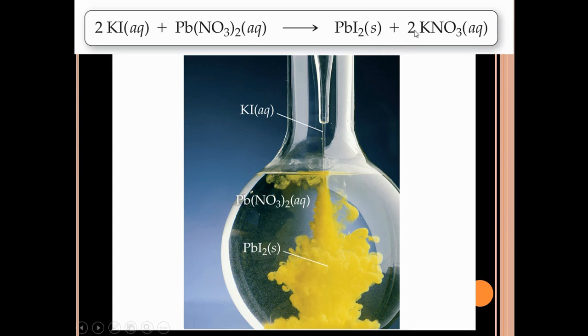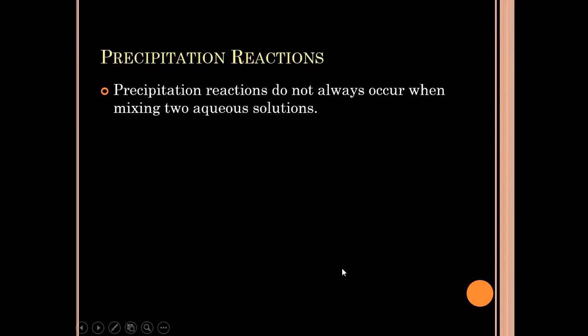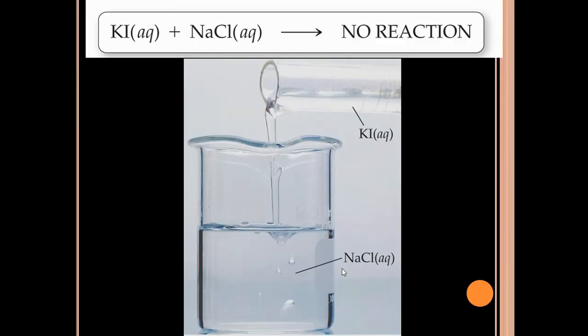If there are no solids formed, then you say no reaction. If they are both aqueous, no reaction. In this picture, it shows you a precipitate or solid forming. That's the yellow clump here, PbI2. Here's an example of something that makes no reaction. There's no solid formed. KI plus NaCl, you get NaI plus KCl, which are both aqueous.